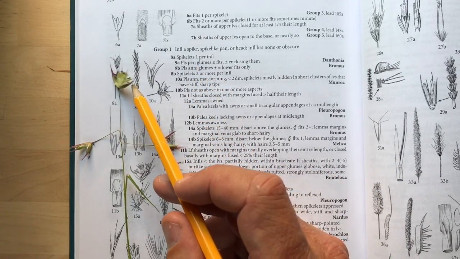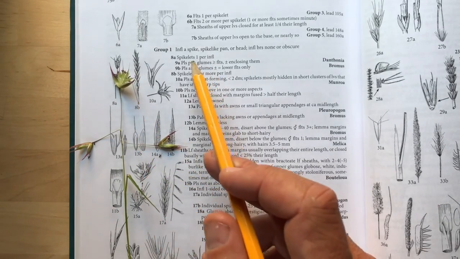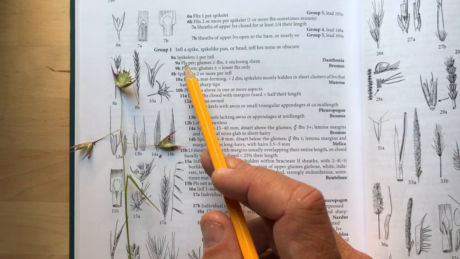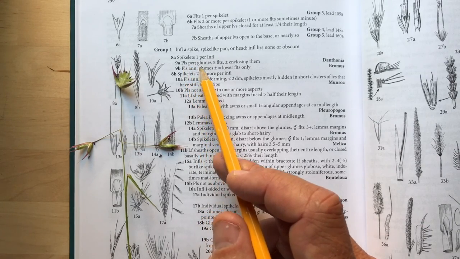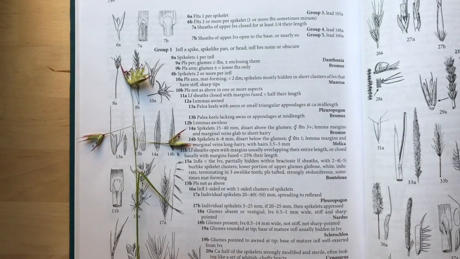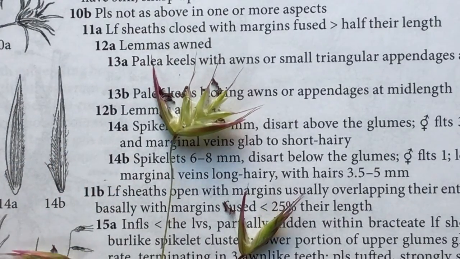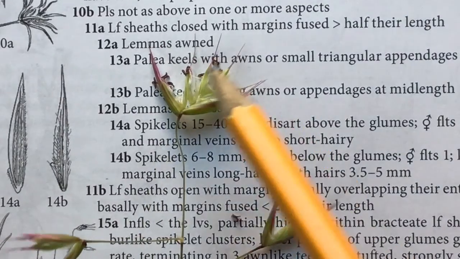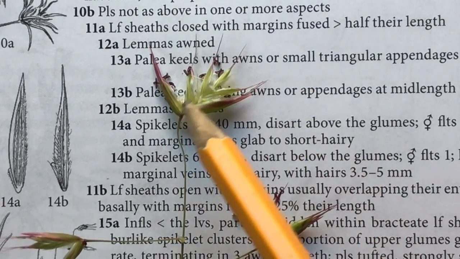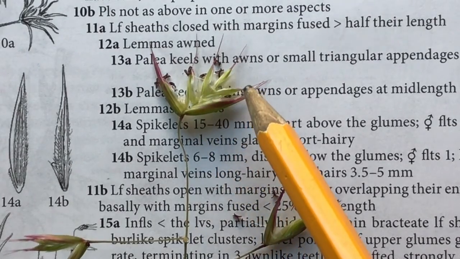Given what we just talked about, if we're going to call this my inflorescence, I have one spikelet per inflorescence. Plants perennial, glumes greater than the florets, often enclosing them. See those giant purple glumes there are much greater than my florets, which are the individual components there.